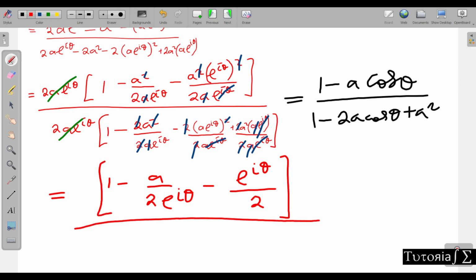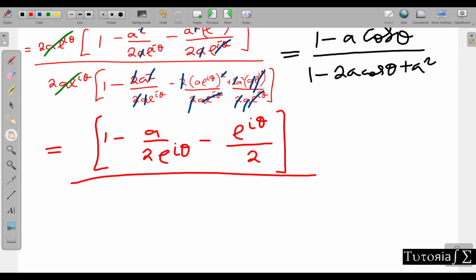And at the bottom, we are going to remain with 1 minus, here we remain with 1a, which is a all over e to the I theta, minus, here we remain with one of these, which is just a e to the I theta, then plus a, and here we remain with just 1a squared like that.